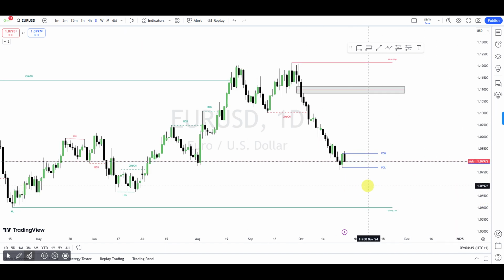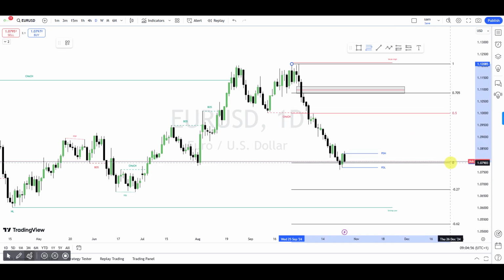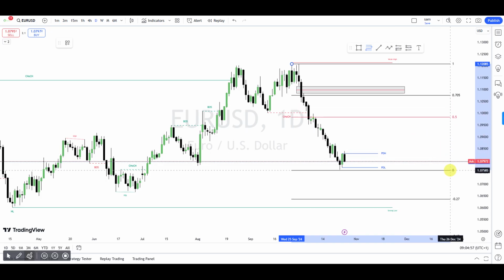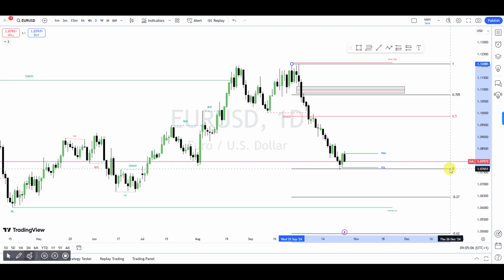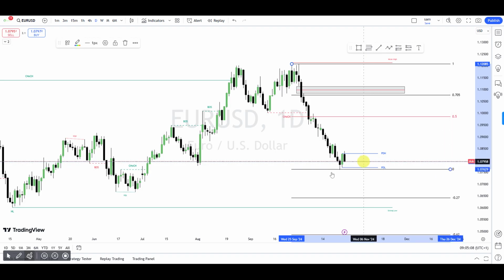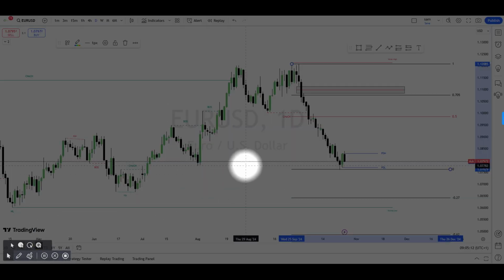So this is the 1 day. I will not use this fair value gap here. I will not use the fair value gap that I was showing you. And my reason is simple.